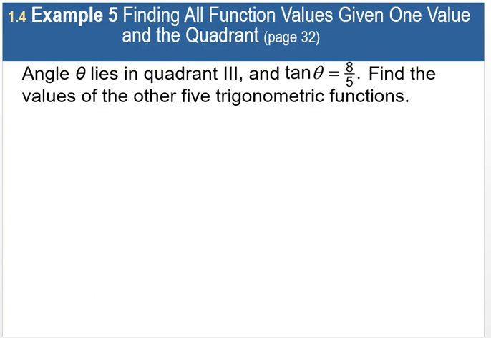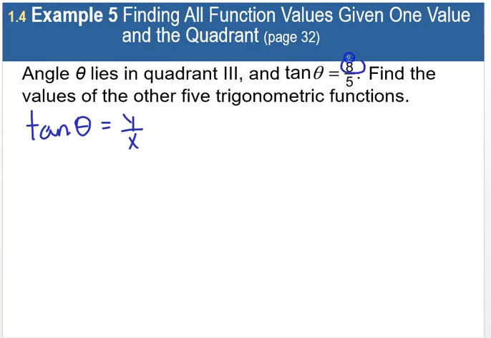Okay, in this example, it says angle theta lies in quadrant 3 and tangent of theta is equal to 8/5. Find the values of the other 5 trigonometric functions. Well, we should know tangent of theta is equal to y/x.